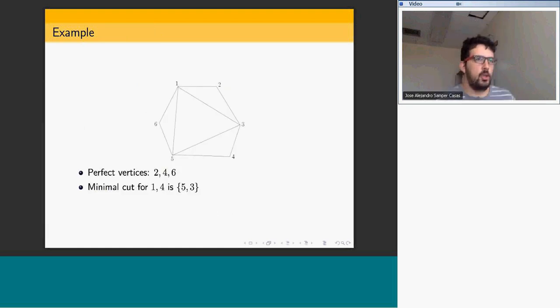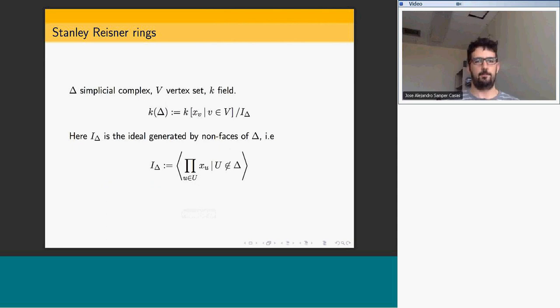Okay, so for the algebraic version of this, let me refresh or define the following: I'm going to define the ring associated to any simplicial complex, the Stanley-Reisner ring. I'm going from graphs to simplicial complexes.